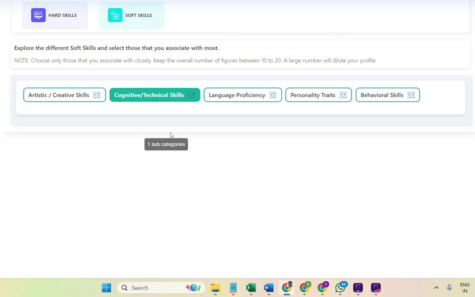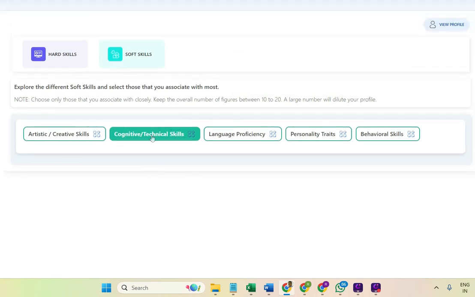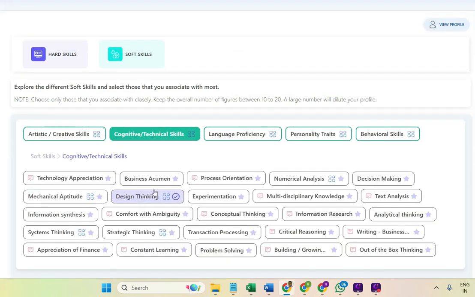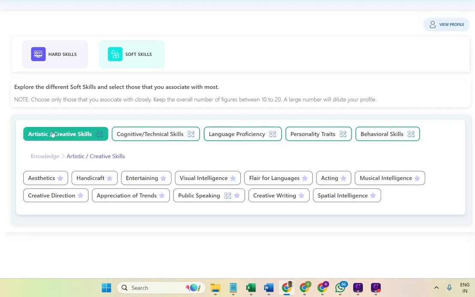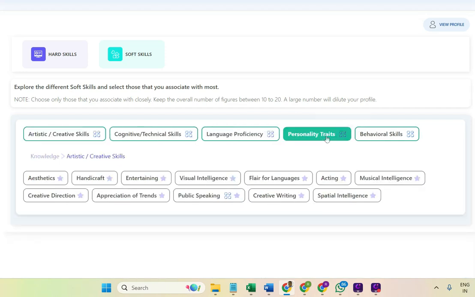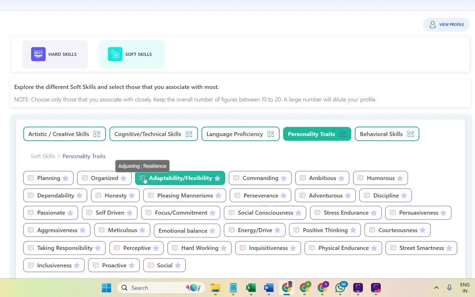Like that, one can define the different cognitive skills which are required for the particular role, and likewise the individual can also build the skills profile by indicating the proficiencies for those skills. This also has language proficiency, creative skills, personality traits, behavioral skills. I would have some simple definitions.